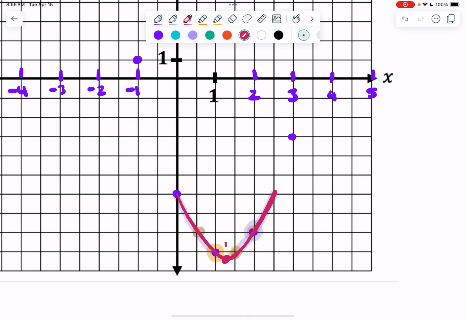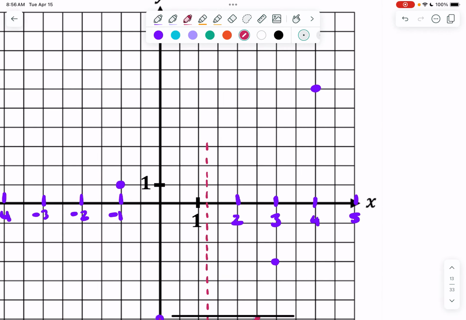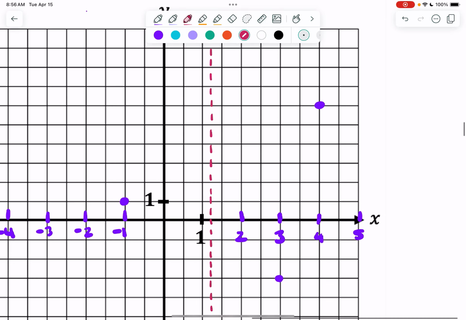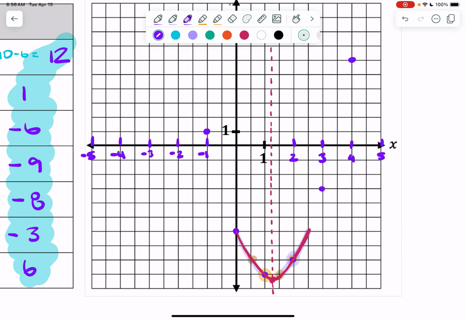So we've predicted this axis of symmetry to look like it's going to be approximately here. And I can draw it if I want, if that's going to help me see those mirror images so that I can get that overall shape. So, speaking of overall shape, let's finish graphing this parabola.